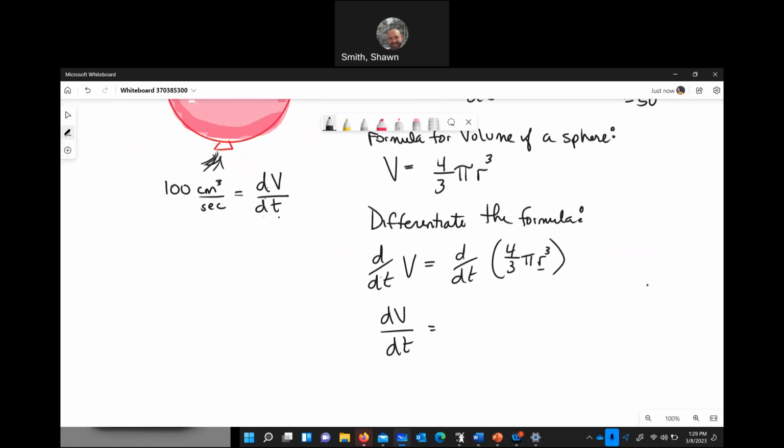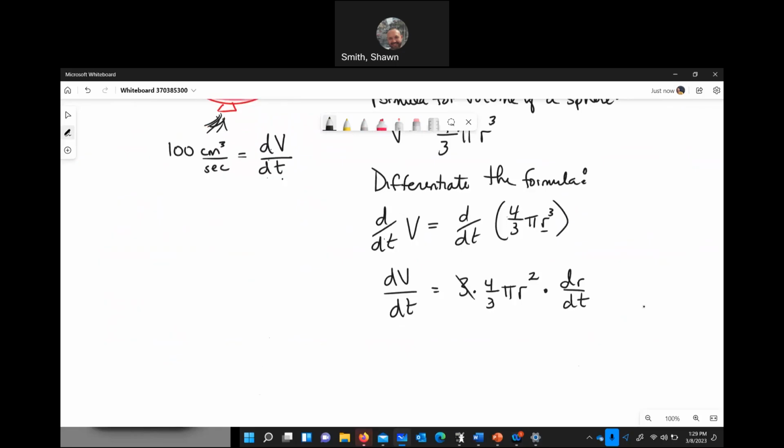So we just use the power rule. 3 times 4/3 pi, r to the 3 minus 1 power is squared. And then it's with respect to time, right? t is not in here, so we need to tack on the chain rule, the derivative of r with respect to time. These 3's cancel out.